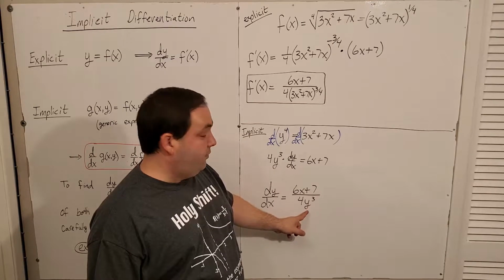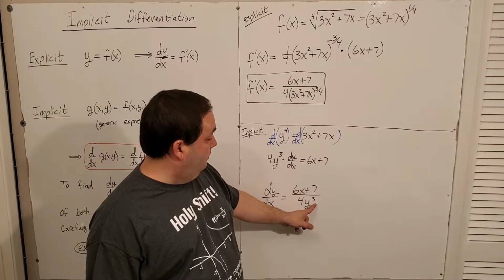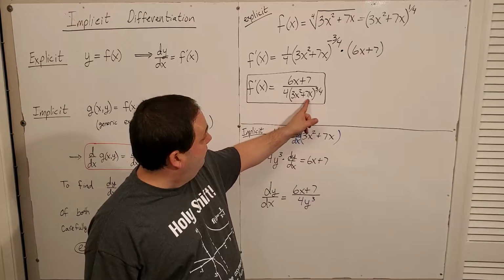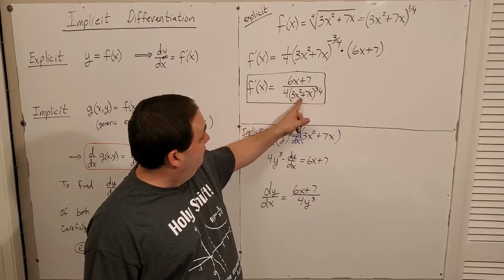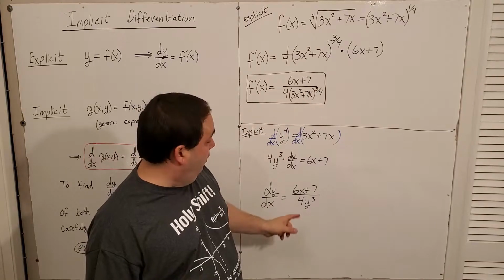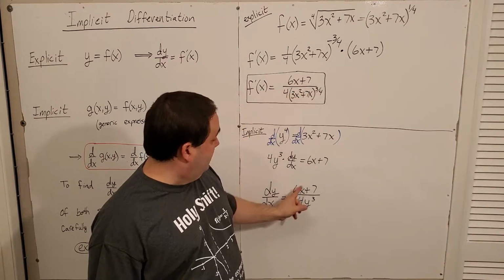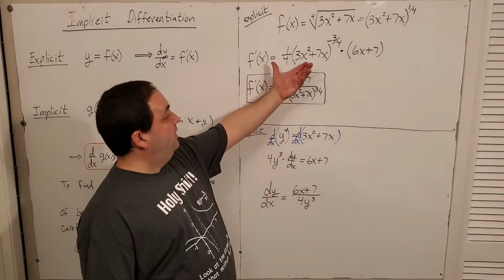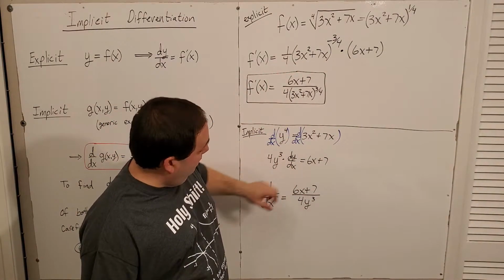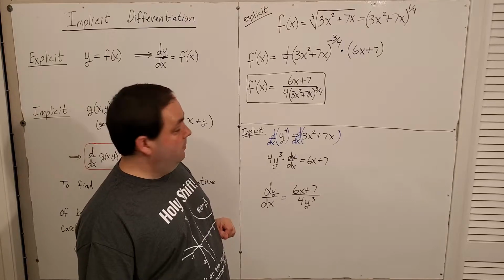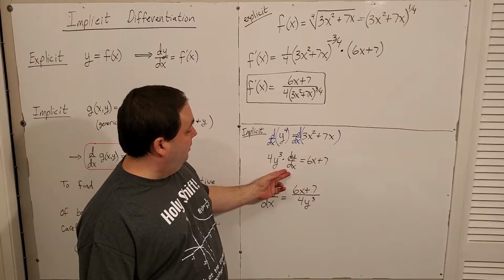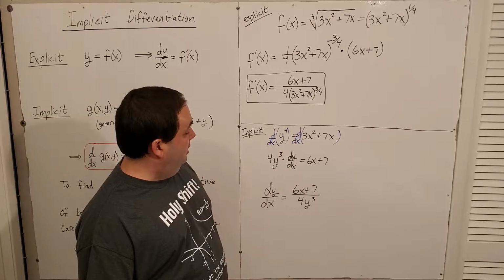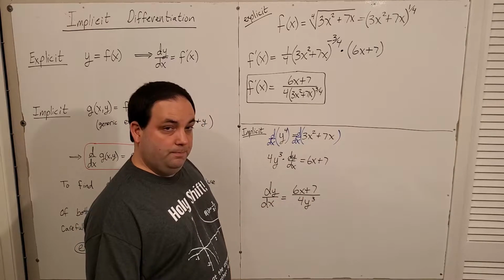It would be a 4th root of that thing to the 3 power, which is exactly what we have here, a 4th root of that thing to the 3 power, right? And there's a 4, there's the 6x plus 7. But look at the amount of work that went into this versus the amount of work that went into this, right? I just had to remember my small amount of chain rule here, and then a little bit of division, okay?